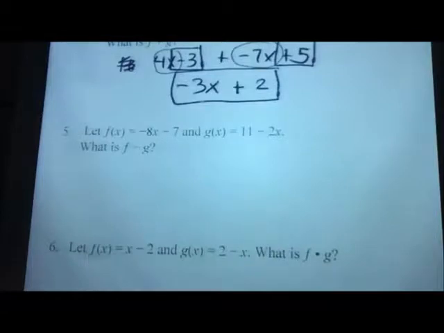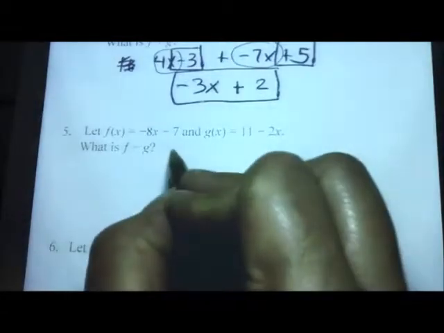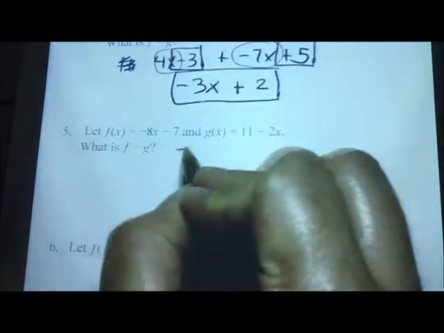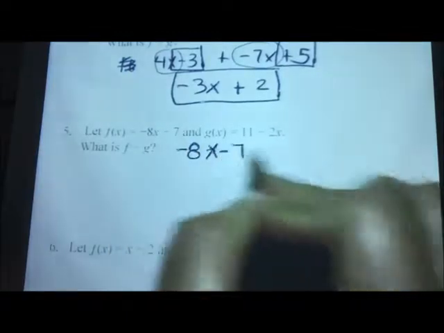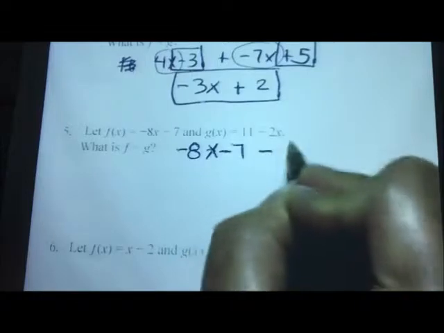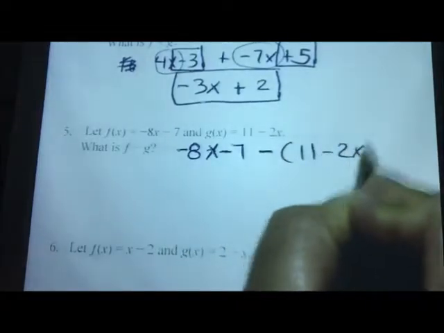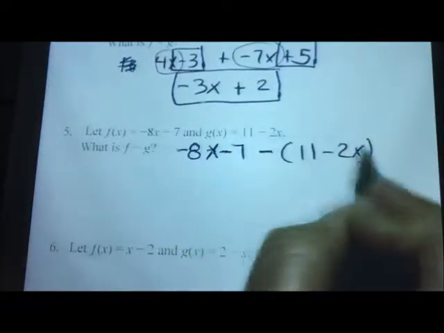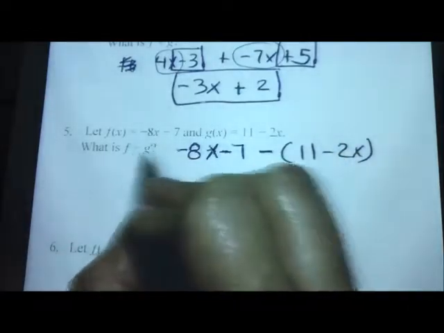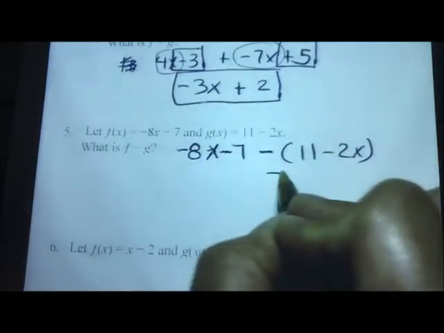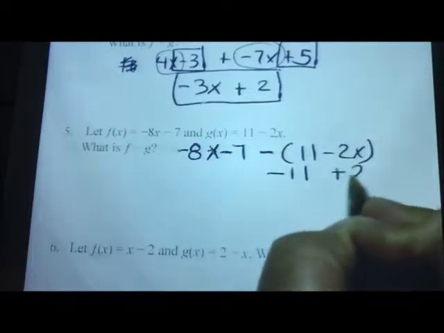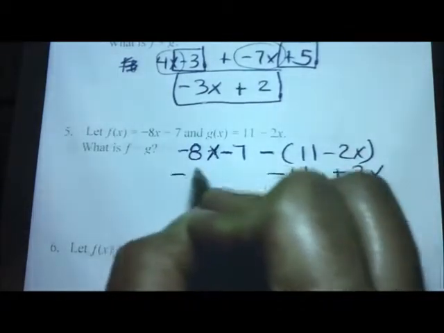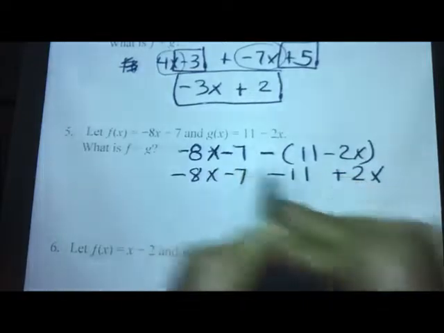You have to be careful with the subtraction, because everything that follows the subtraction sign, what happens? So please remember that negative distributes to your second function, so it's -g. This now becomes -11, and a negative times a negative becomes a +2x. -8x comes down, and the -7 is there.